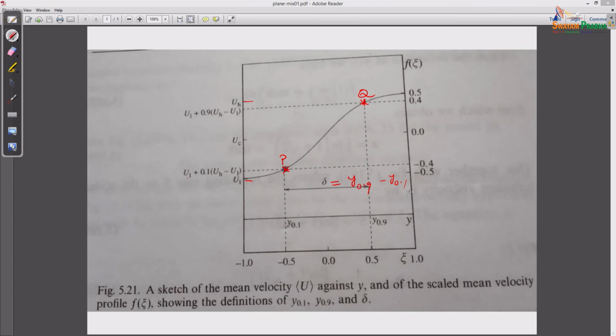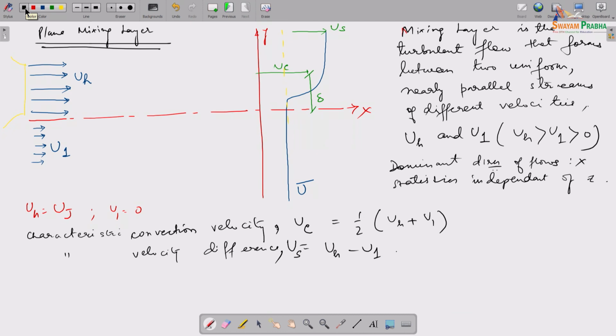Y is the height of the flow. Y is equal to this thing. And delta x we just wrote down, then the reference position.